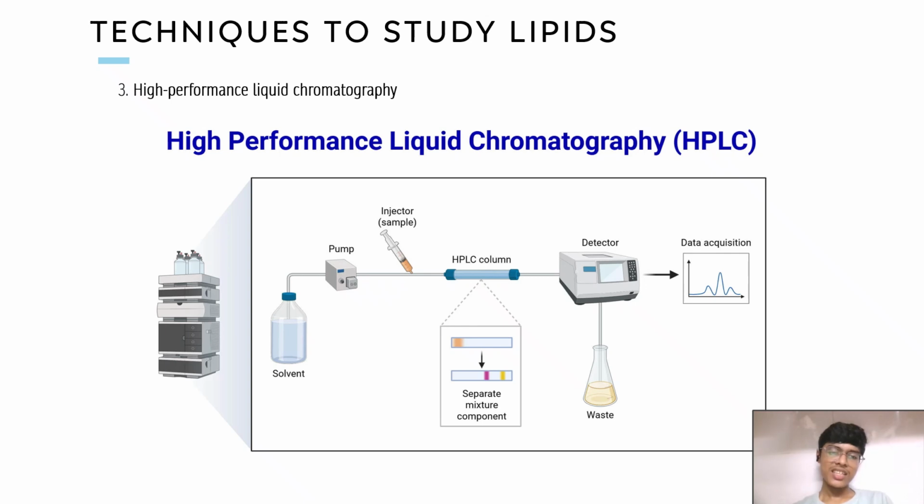In the HPLC column, the non-polar lipids move faster out of the column and are detected by the detector, and the more polar molecules stick to the silica gel, which separates them in the column. This is analyzed by the detector, which gives us specific, accurate data with their concentrations, the most preferable data.